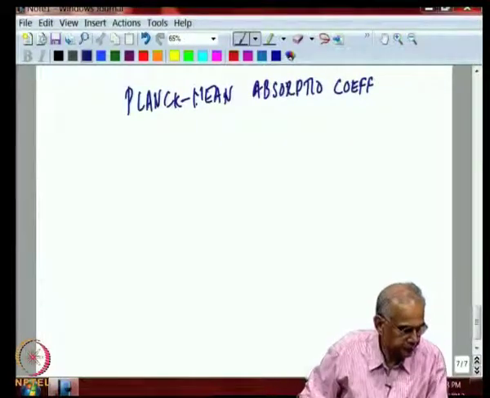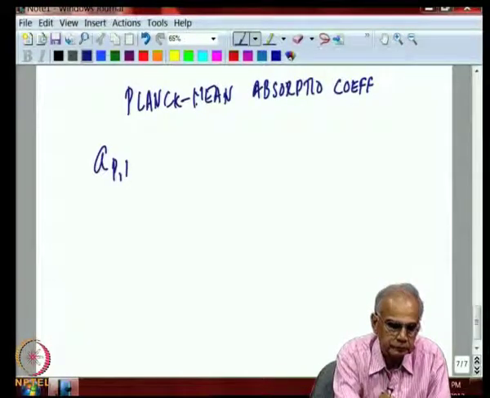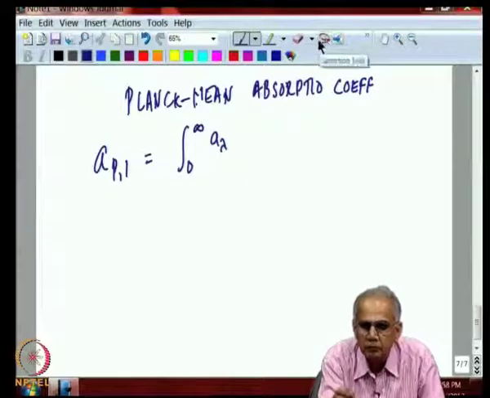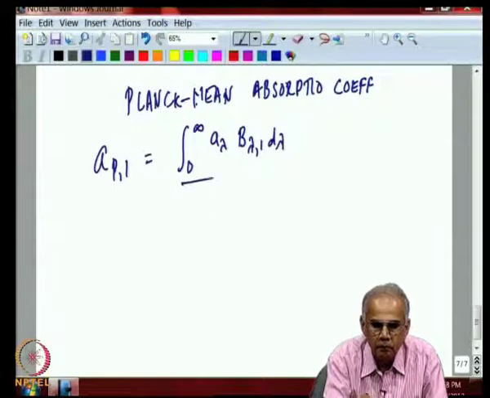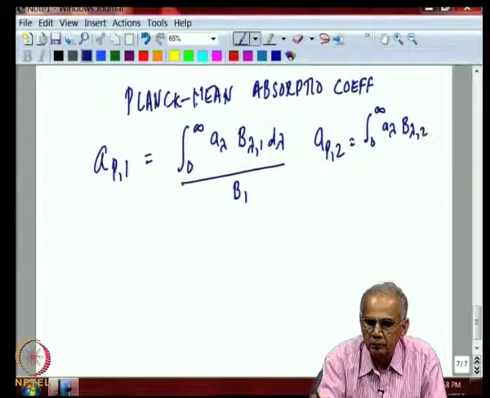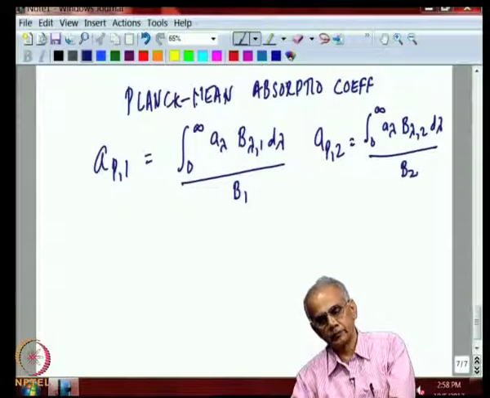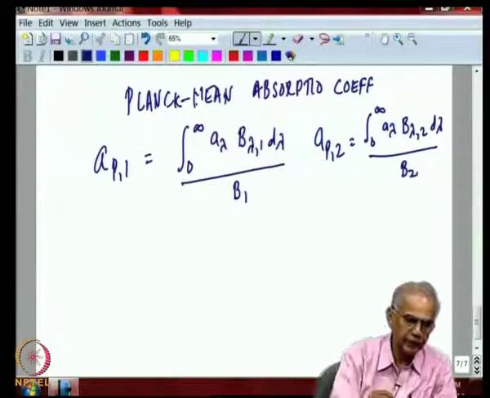The first expression is for AP1, then similarly AP2, so each of these functions is weighted by the wavelength variation of the radiosity of the corresponding surface, and finally for the gas.